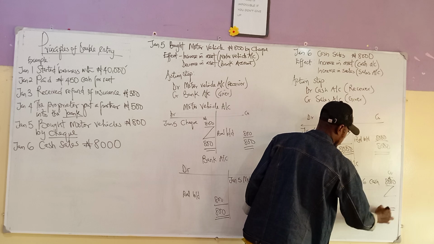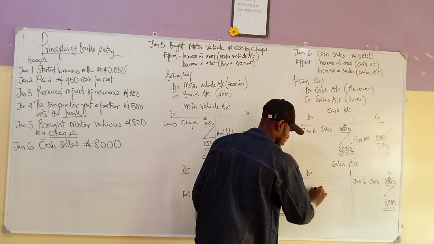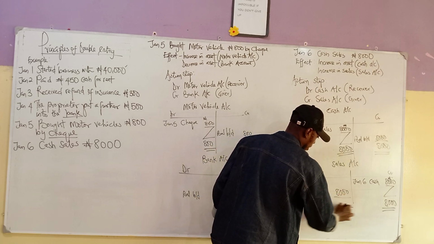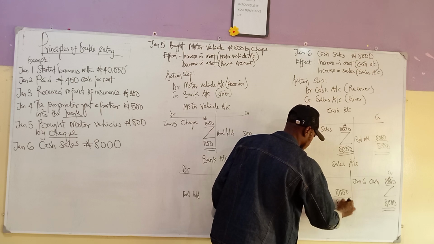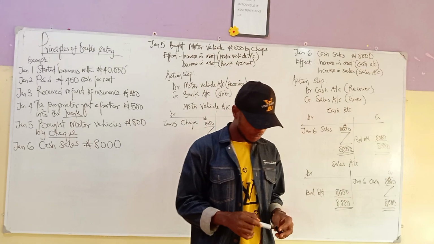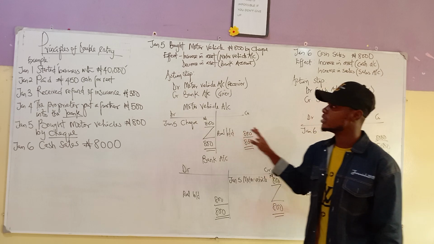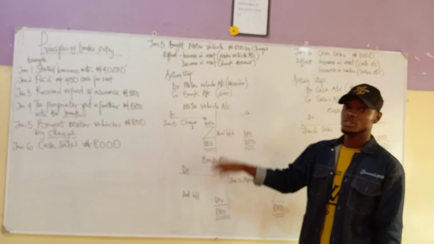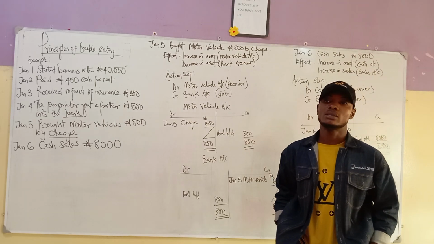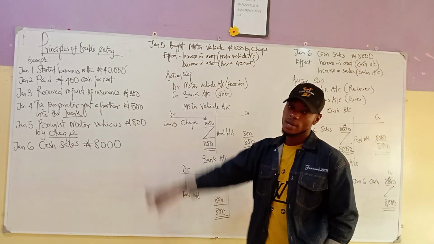So I will close 8,000 naira, and my balance brought down is 8,000 naira, and then I'll close. I guess this is interesting, and it's actually very simple once we understand the posting and we understand the process, the principles to apply. And once we know this principle already, you can apply it into every transaction that was given to you to post into the double entry.